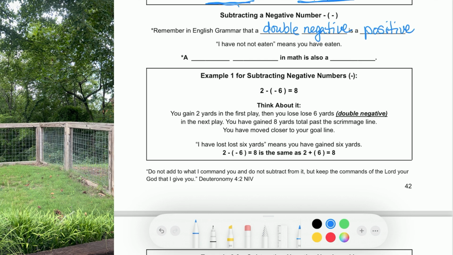I did not include an extra not in there as a mistake. I wanted to show you a double negative in grammar. So I have not eaten means you have eaten. So the nots, because there's two of them, they cancel each other out and makes that sentence a positive. So a double negative in math is also a positive. They cancel each other out.